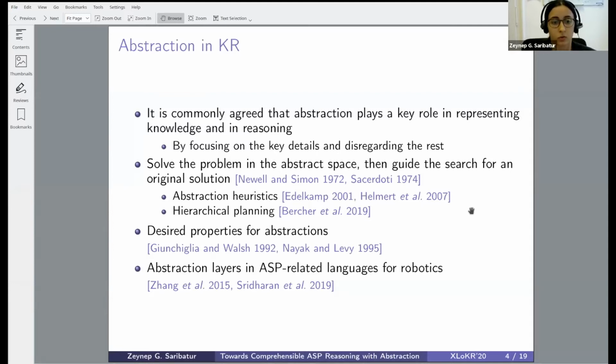Some desired properties for abstraction have also been investigated. And for robotics, more ASP-related languages have been used, where they also consider different abstraction layers to find plans. Usually in these works, the abstract representations are constructed by the researchers themselves. So they think about the abstract representation and the concrete representation and continue from there.